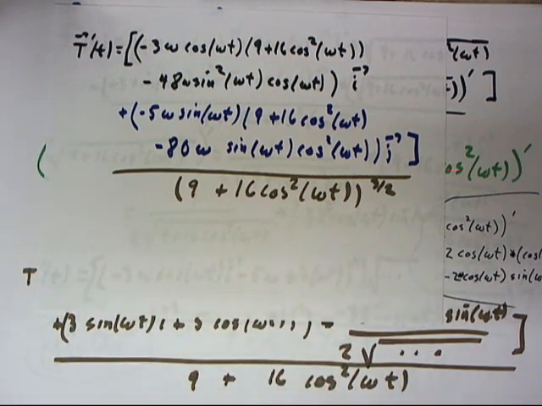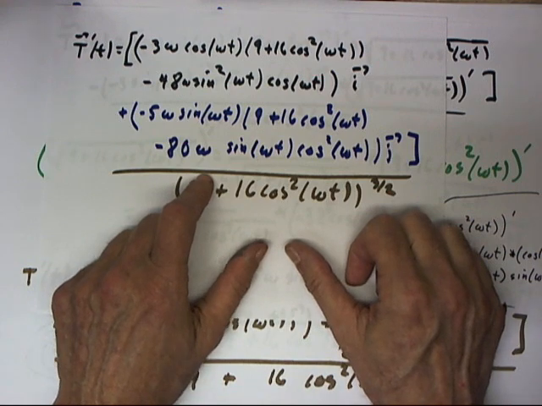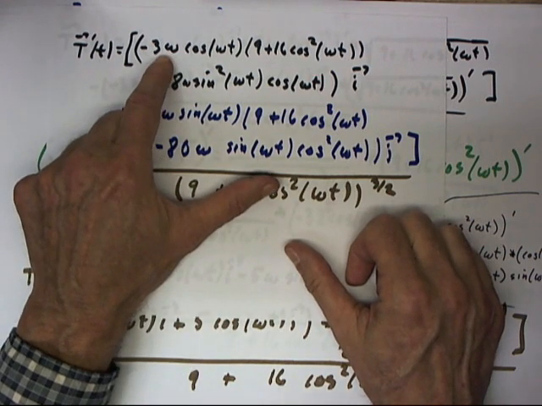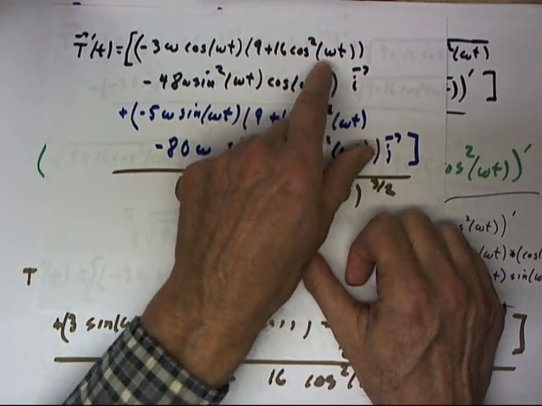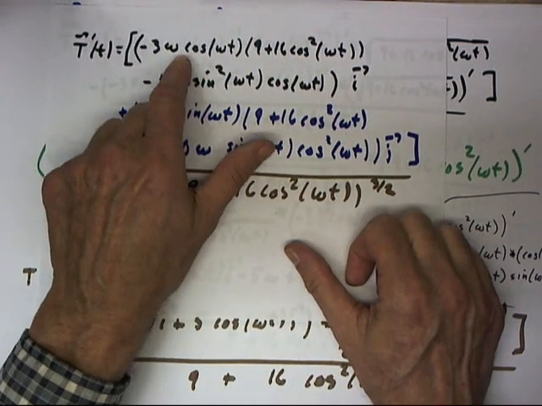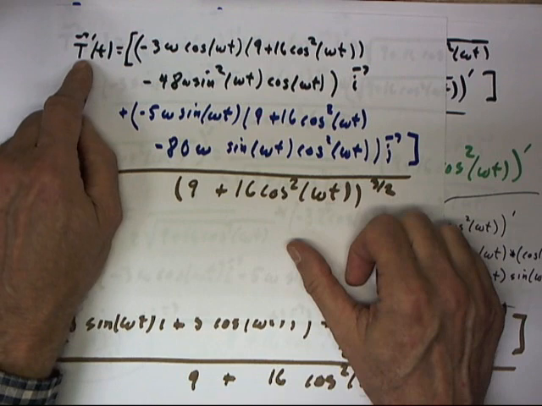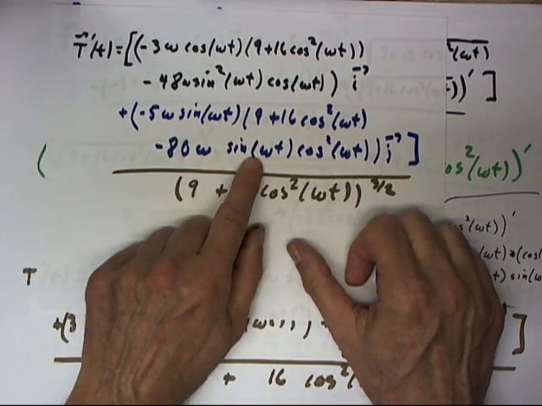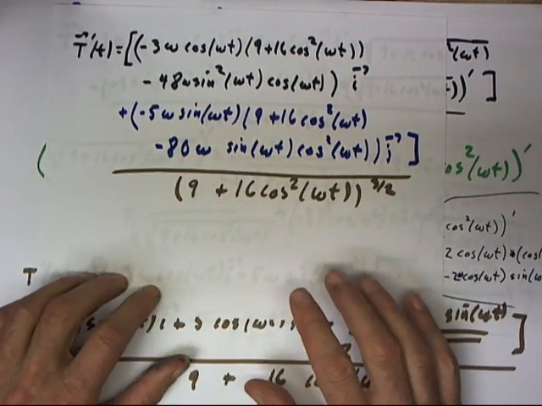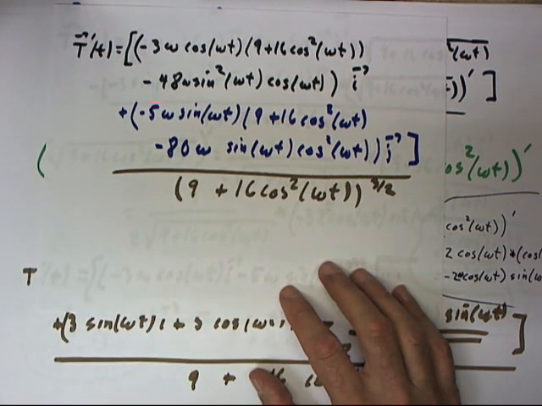I'm not going to bother to write that down, but it's important that this expression be dimensionally consistent. Omega is going to have dimensions of angle over time, so that omega t becomes dimensionless, and we can take the cosine of it. The cosines and the sines all give us pure numbers, so that the dimension of T prime of t is just going to be omega times a pure number set of vectors. And actually that is not dimensionally consistent.